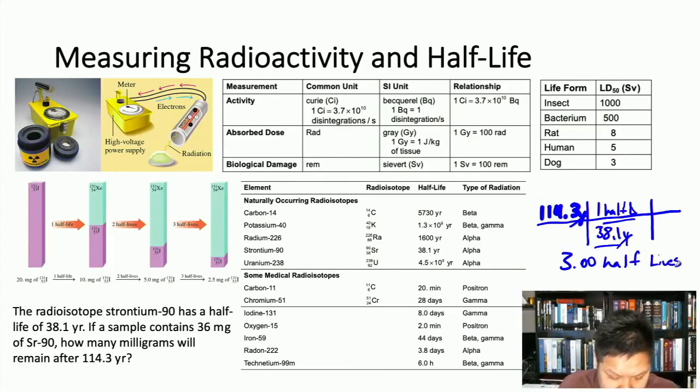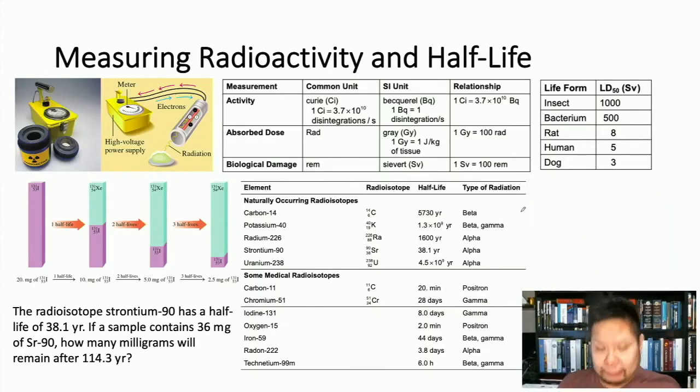Right? 3 half-lives. So now that we figured out that 114.3 years is 3 half-lives for strontium-90, let's figure out how much strontium-90 is left after those 3 half-lives.